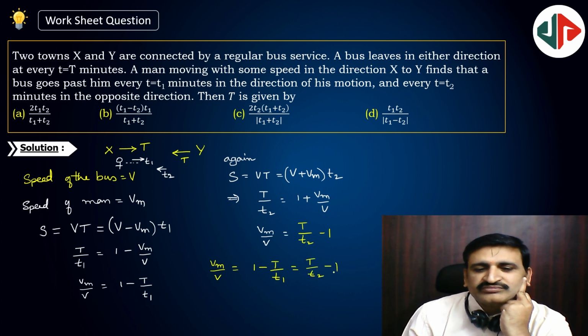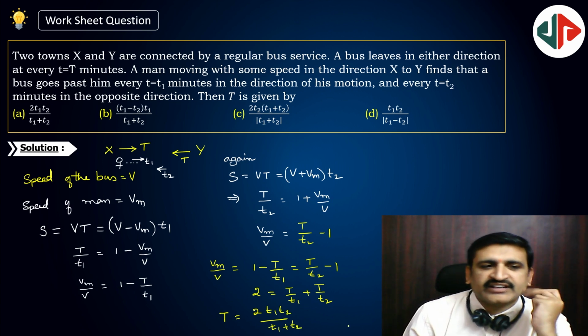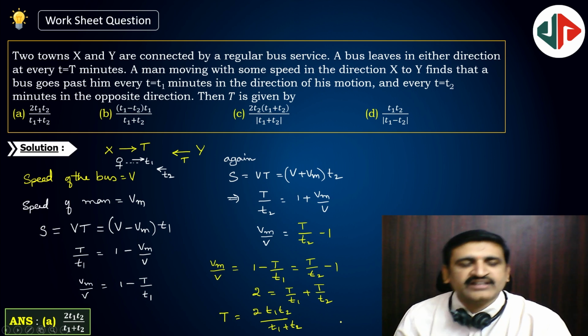So this is going to become 2 is equal to T by t1 plus T by t2. So obviously it is going to give capital T is equal to 2 t1 t2 by (t1 plus t2). Is it? Yeah, you are right. So it is option A.